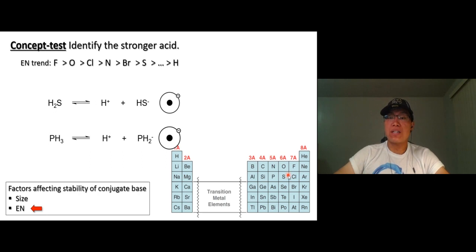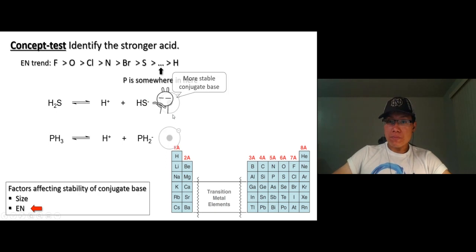So sulfur is more electronegative than phosphorus, which means that sulfur will stabilize the charge better than phosphorus does. So sulfide SH minus will be more stable, which means that H2S is more acidic than PH3.